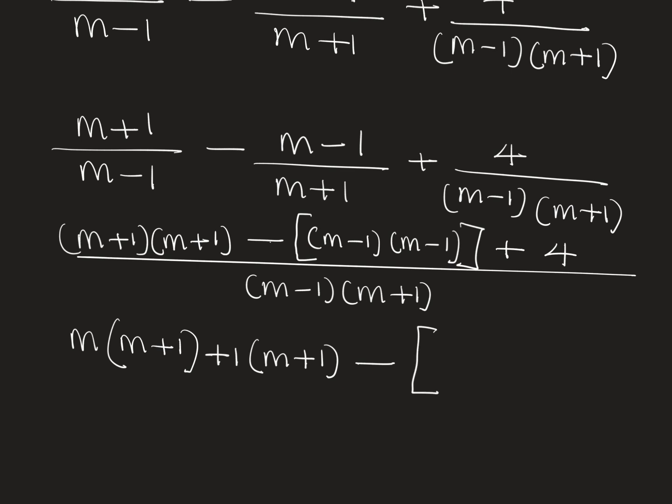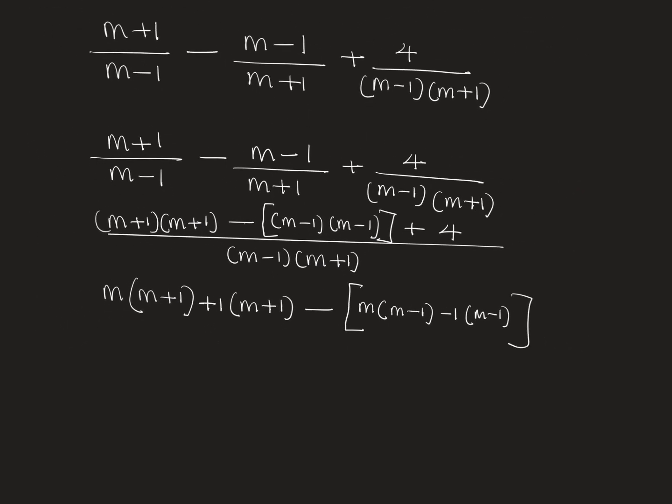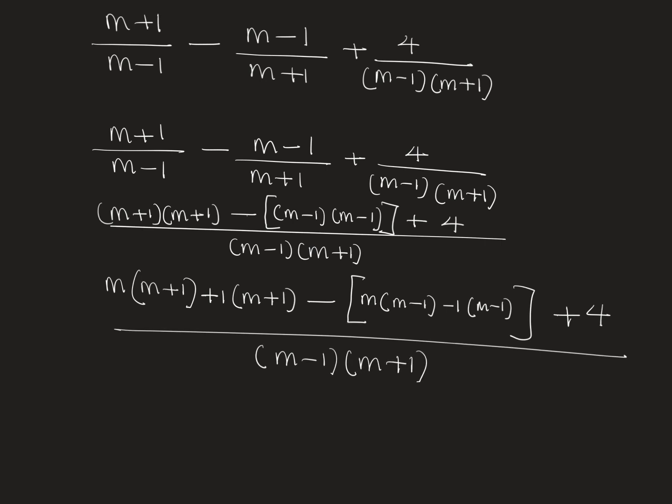So I have m here, multiplied by the second bracket, m into m minus 1. Then I have this minus 1 to be multiplied by the second bracket again. So that is minus 1 into m minus 1. Then plus 4 all over m minus 1 into m plus 1.